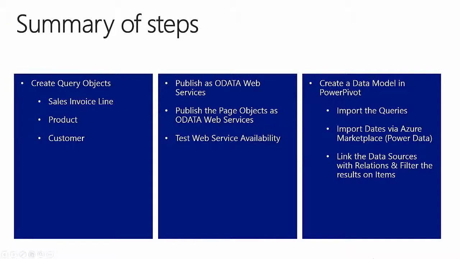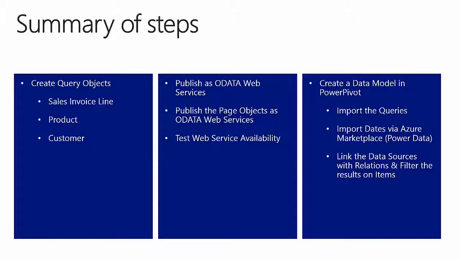To summarize all of the steps, in step 1 we created query objects for the sales invoice line, the product and customer information. Then in step 2 we published them as OData web services. We also published page objects for the salespeople, and we tested the service availability. Then in step 3 we created a data model in Power Pivot.